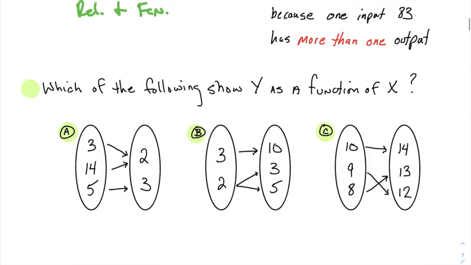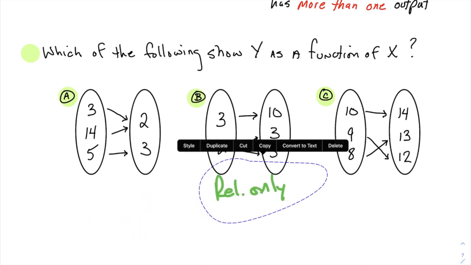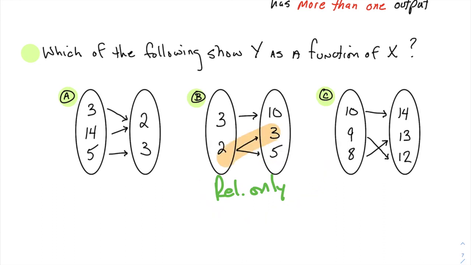And the last piece. Look at these three examples and identify which ones are functions and relations and which ones are only relations. So I'm going to make a little relation only, and let's see if we have anywhere to put that, right? So I look here and I see 3, 14, and 5, the one on the left, but there's no double sets of arrows coming out of there. So I think that one's okay. I come over here and I see the 2 branching off.